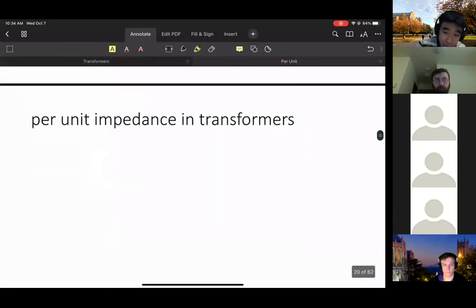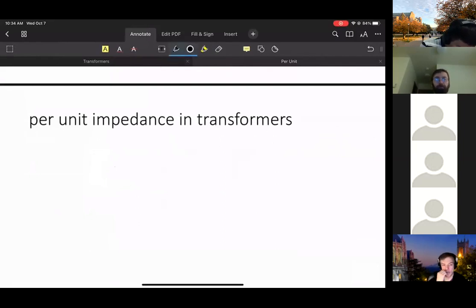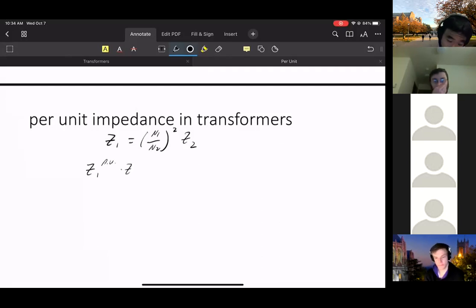So let's look at what happens for per unit impedance. Same thing as X, we can write Z1 is N1 over N2 squared Z2. Then Z1 is Z1 per unit times Z1 base.